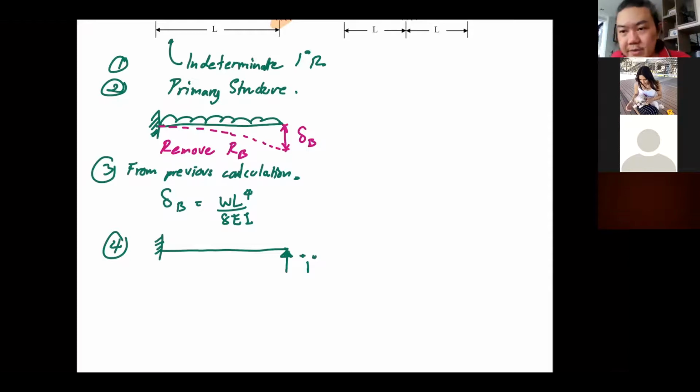We also have the formula to do this, right? But just to show you something, 1 becomes my actual load. So let's say this is alternative number 1. If I am going to use the virtual work method, I have to apply the unit load.